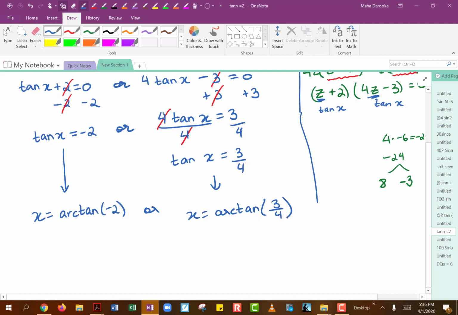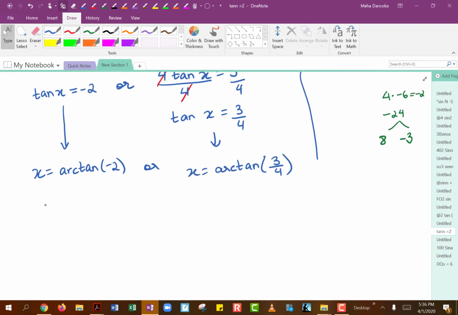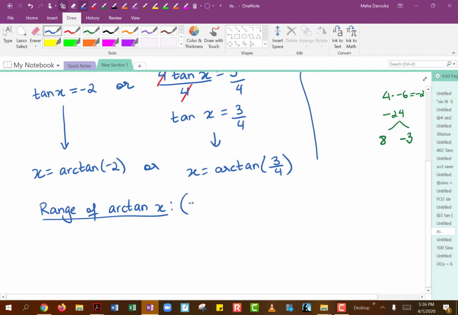Alright, so let's see what kind of answers we're looking for here. So once again, just to refresh your memory, remember the range of the arc tangent function goes from negative pi halves to positive pi halves, and that's not including the endpoint, so that's why you have parentheses on the negative and positive pi halves.